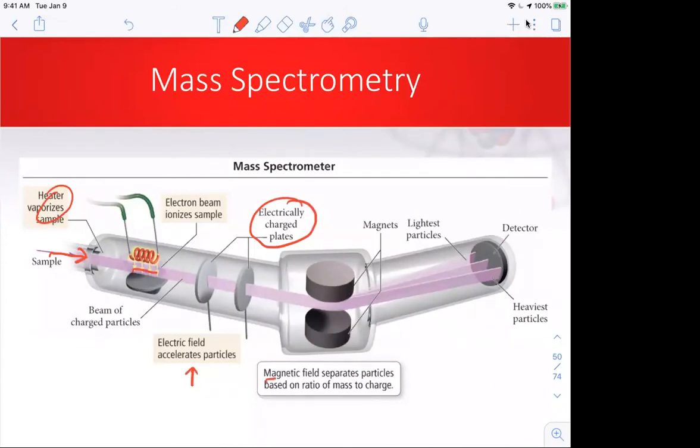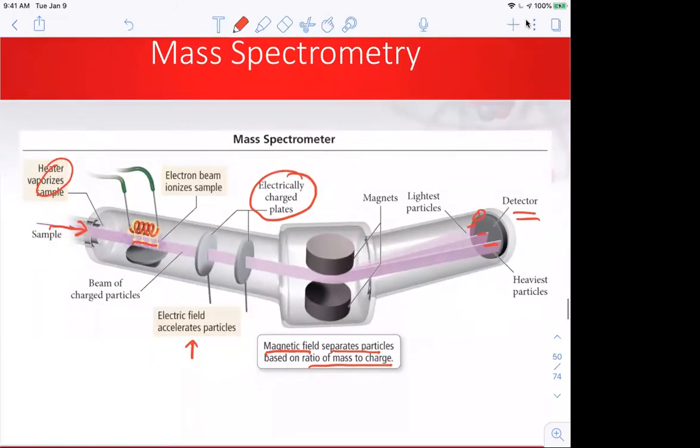Then I go into a magnetic field, which separates the particles based on the mass to charge ratio. The lightest particles are going to come off first, and then the heavier particles, and this is my detector. Now, whatever the sample is, I know it has 3 different isotopes, and I can calculate the mass of each individual isotope.